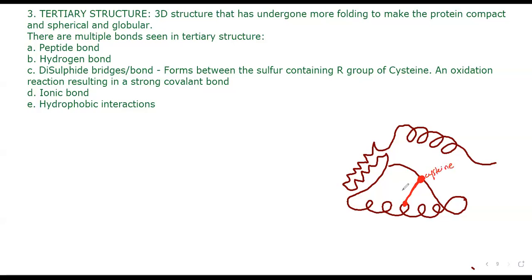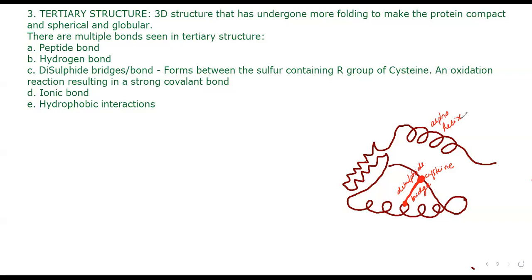And this is also cysteine. So we can end up getting our disulfide bridge. The disulfide bridge is a strong covalent bond, which means it normally doesn't break very easily. You need a lot of temperature change to take place if I want to break this.